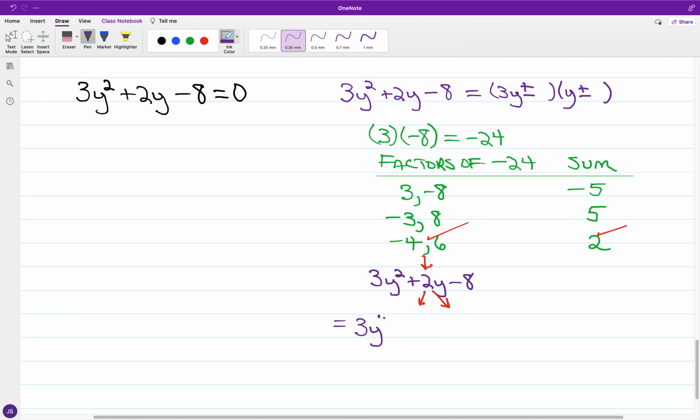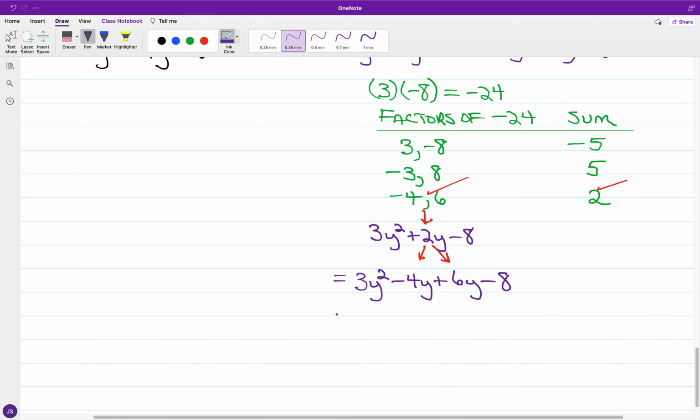So here we have 3y squared minus 4y plus 6y minus 8. Grouping together, we have 3y squared minus 4y, with addition in the middle, and I can put 6y minus 8 directly in parentheses.